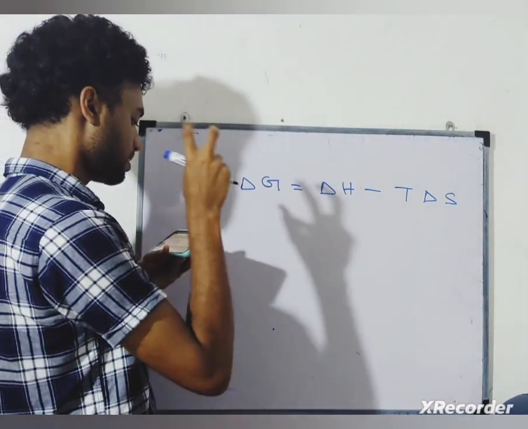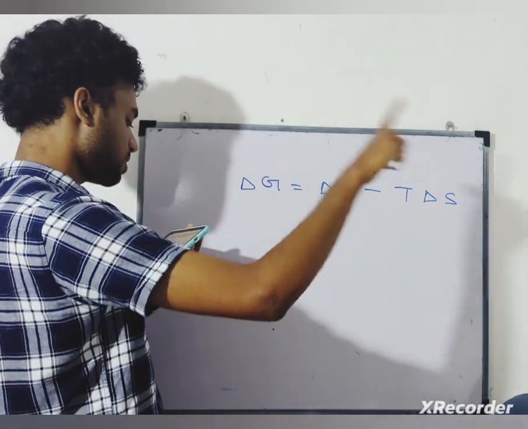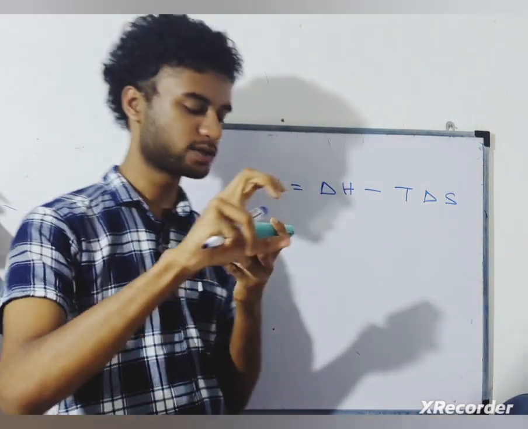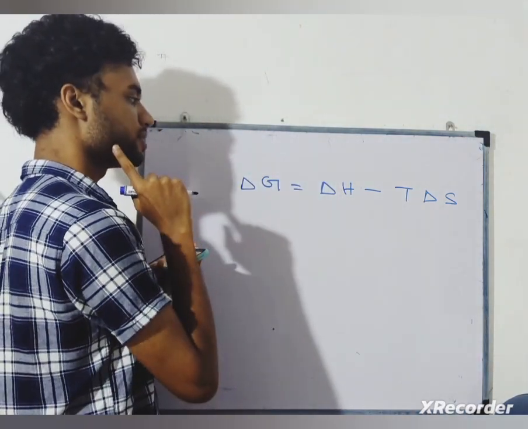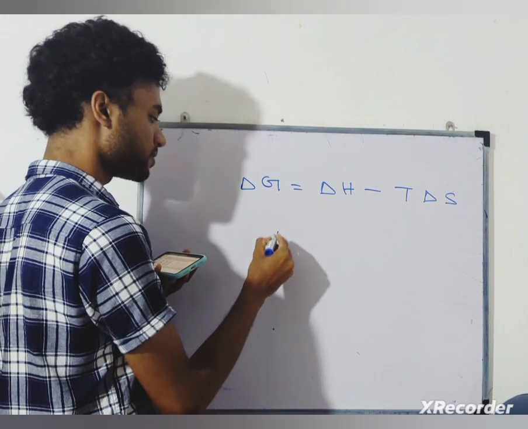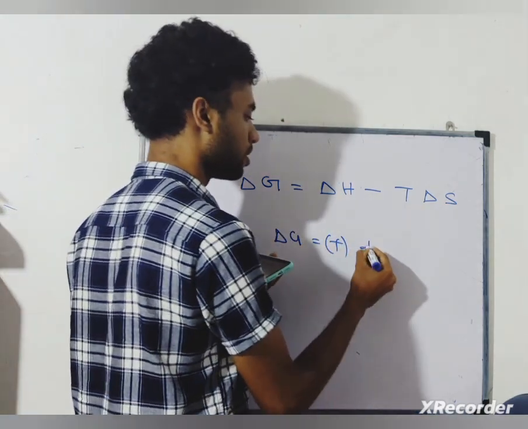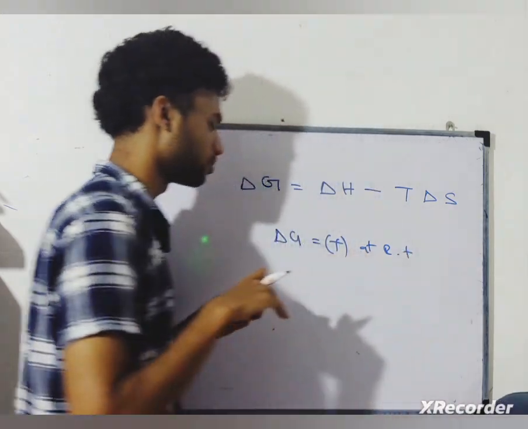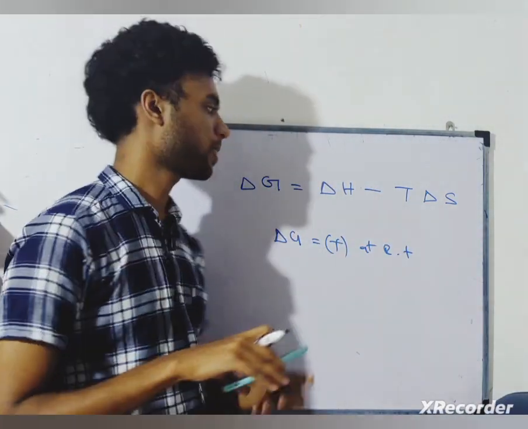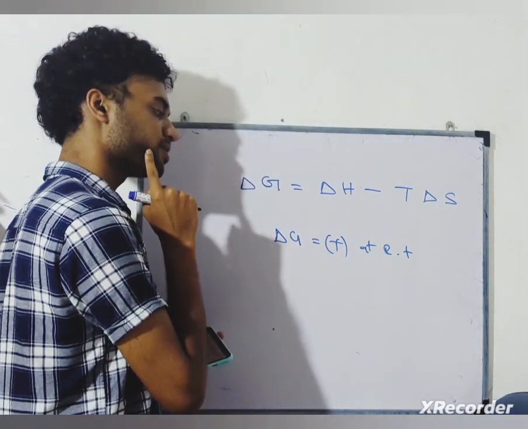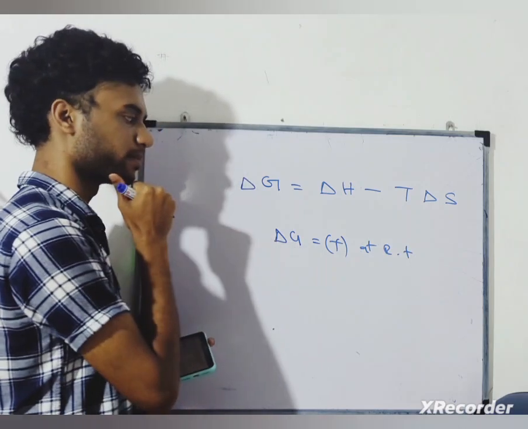Now listen, non-spontaneous at room temperature, but spontaneous at high temperature. Non-spontaneous means delta G is positive at room temperature.